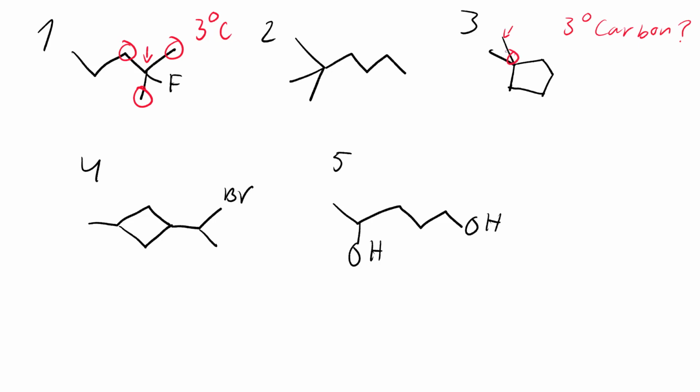Okay, well this carbon is attached to 1, and this carbon is the same thing. This carbon is attached to this and this one, so it's a secondary carbon. In fact, they're all secondary right here. Not good. This carbon is attached to 1 carbon, primary.